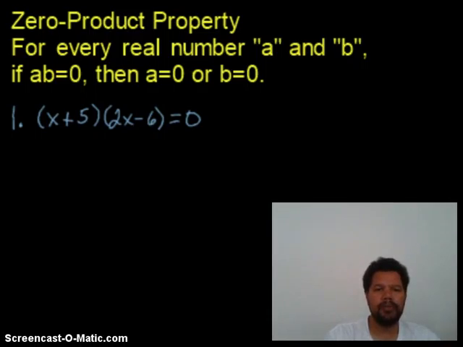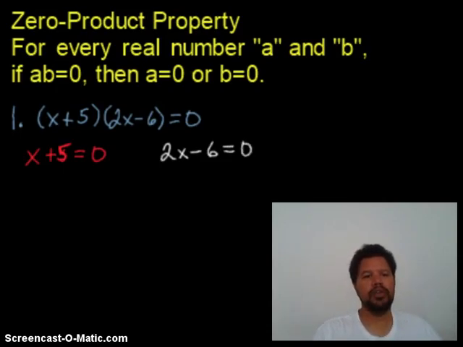Because of that property, we can split these two quantities into their own separate equations like this. x plus 5 is equal to 0, or 2x minus 6 equal to 0. So we can solve both of these equations separately to figure out what the value of x should be.